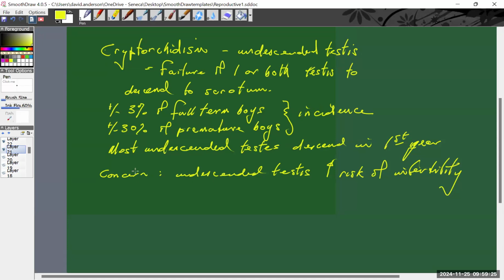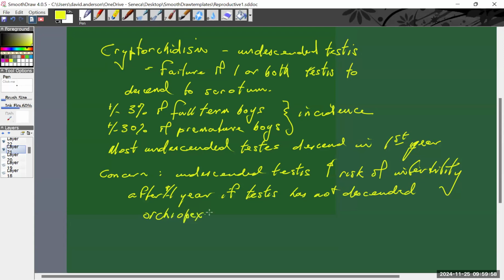So after 1 year, give or take, if the testes has not descended, a procedure called orchiopexy is recommended.